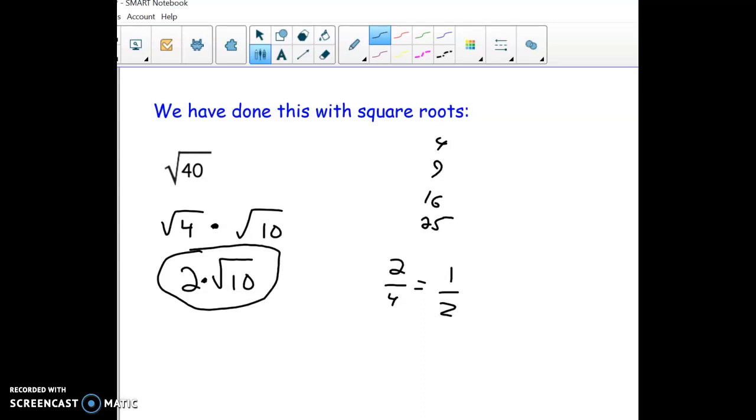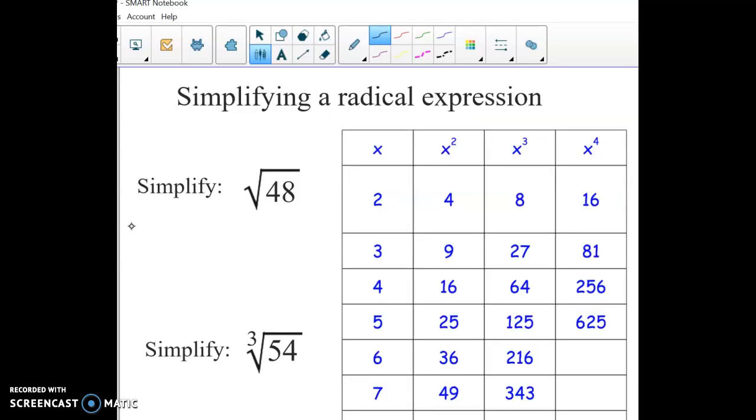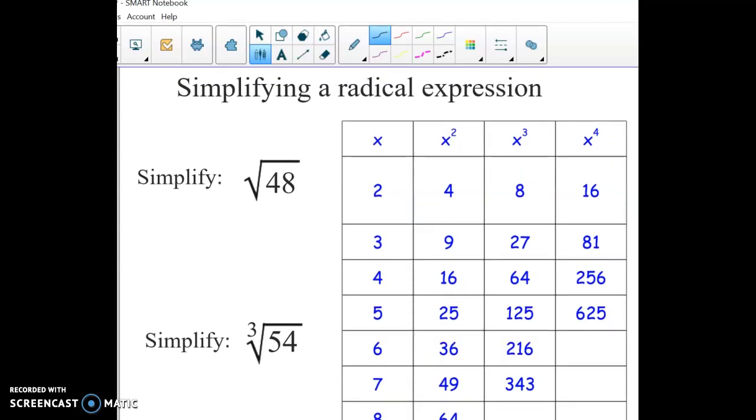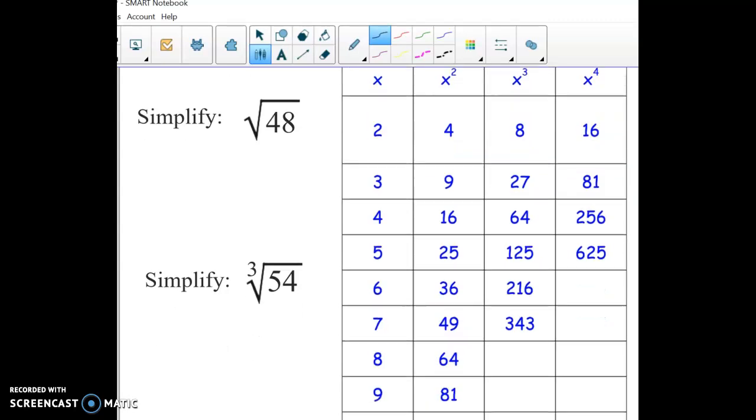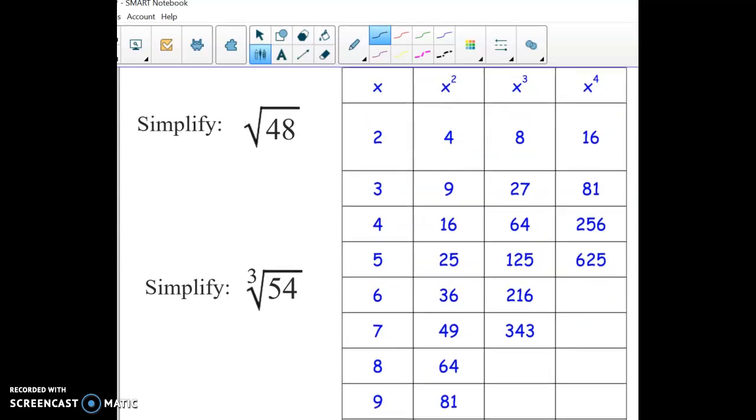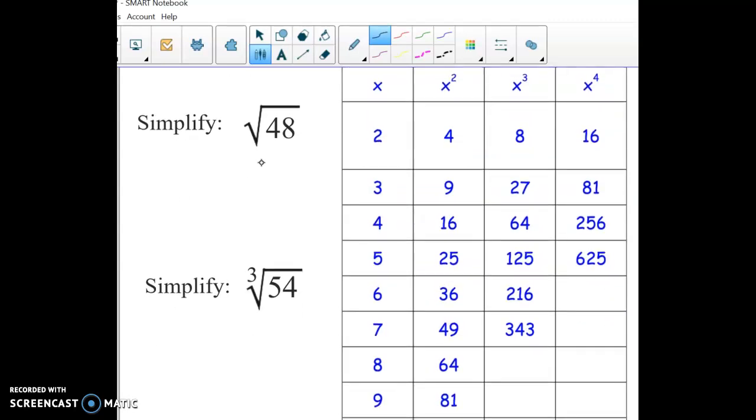So all we're going to do now is start to do this with cube roots and fourth roots and stuff like that. What will matter is this chart, which in class I usually print off. For those of you watching this on the internet, you might have to copy it down. So here's your value of x, and then here's your squares, cubes, and fourth powers.